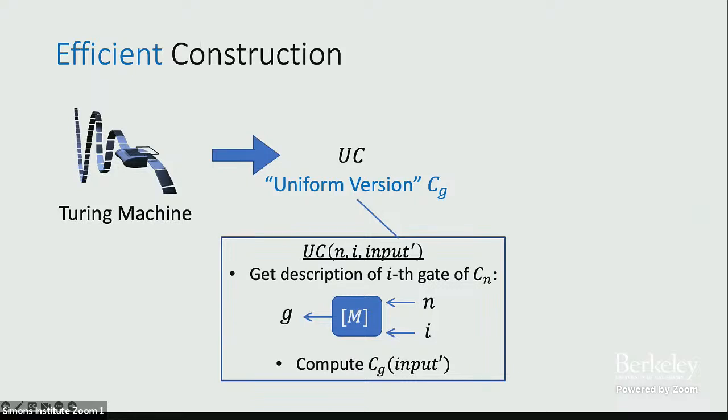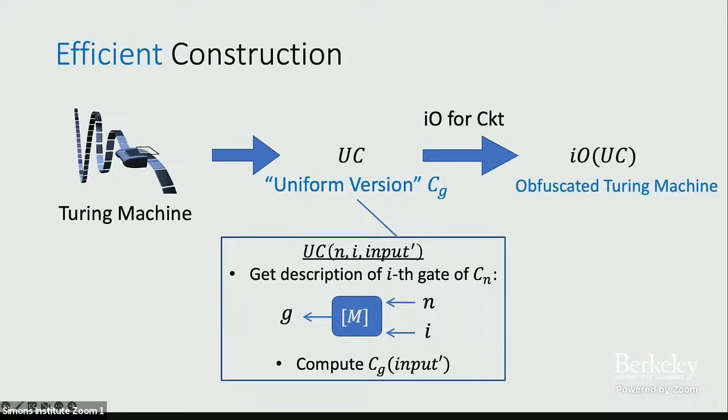It also takes the same input as the circuit Cg. So this uniform circuit will internally compute the description of the i-th gate of Cn and do everything this Cg needs to do. And we just use I/O for circuits to obfuscate this circuit UC to obtain the obfuscated program for Turing machines.